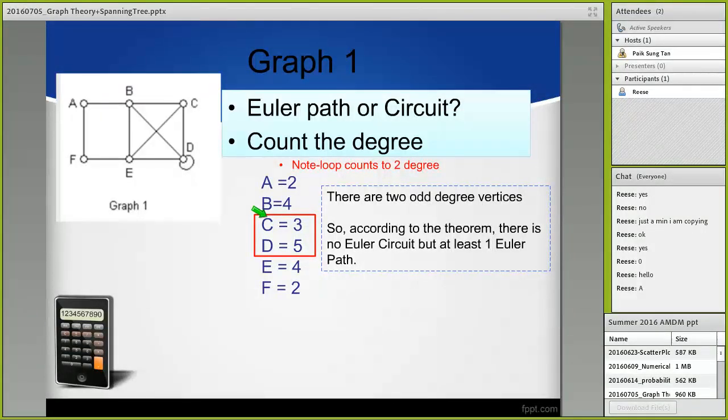Well, let me see, I can type it. Remember the theorem says, if there are two odd degree vertices, then to get the Euler path, you must start at one of the odd degree vertices and end the path at the other odd degree vertex.